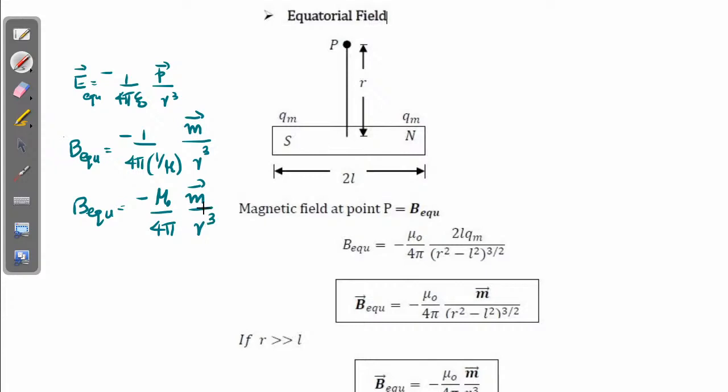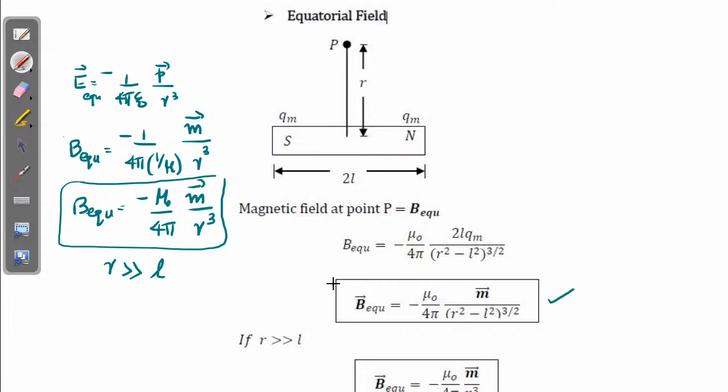This is the expression you get when you make the approximation that the equatorial distance is much greater compared to the magnet length.